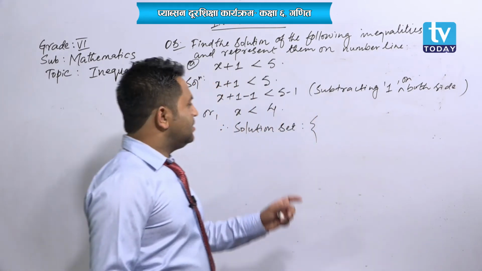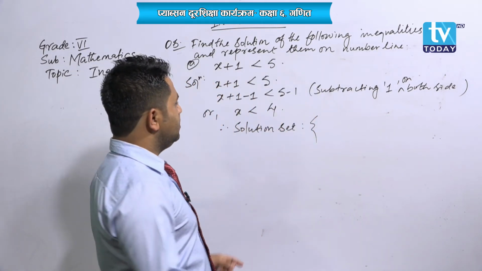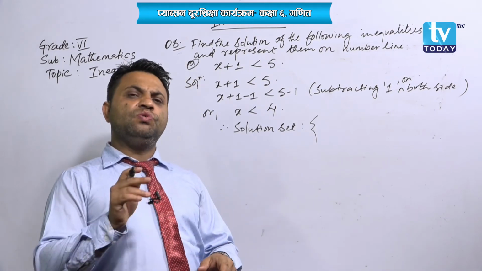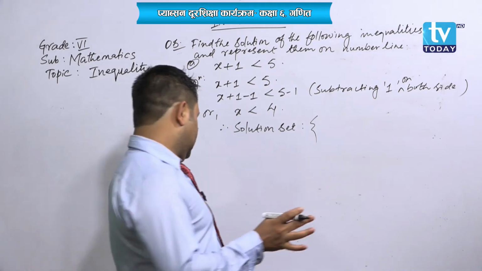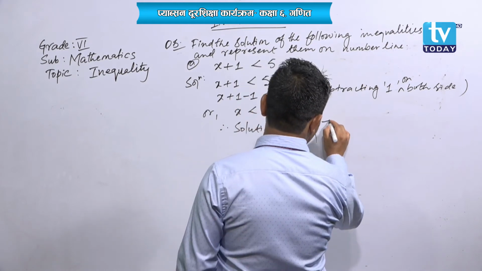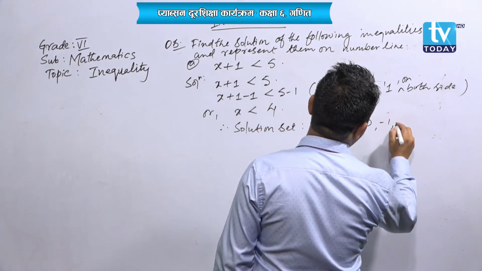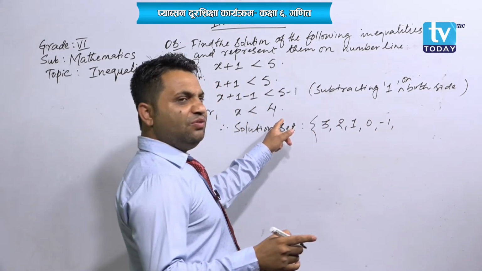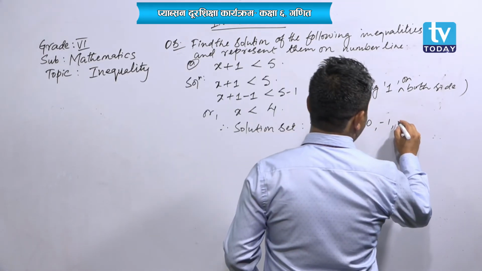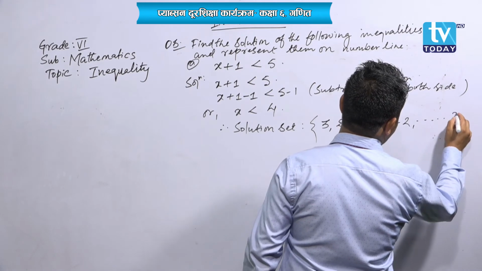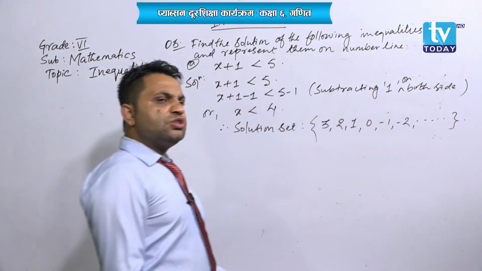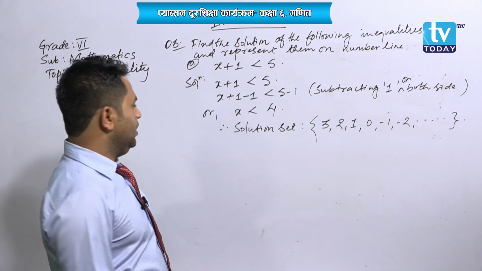The values of x are less than 4, that means 3, 2, 1, 0, minus 1, minus 2, in this way. All these are the values less than 4. This is the solution set for this question.